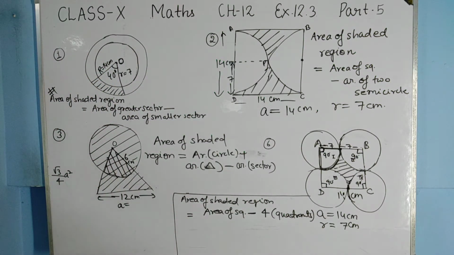Okay, so students, all these hints you should note down. And the questions which are left, like 4, 5, that you will solve by yourself. Just note down the hints, but in the fair copy you will solve the whole questions. Okay, just pause the video and note it down.